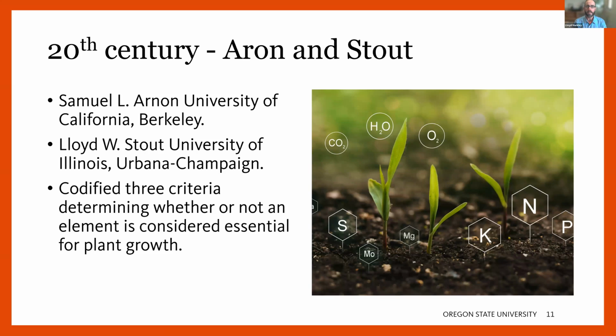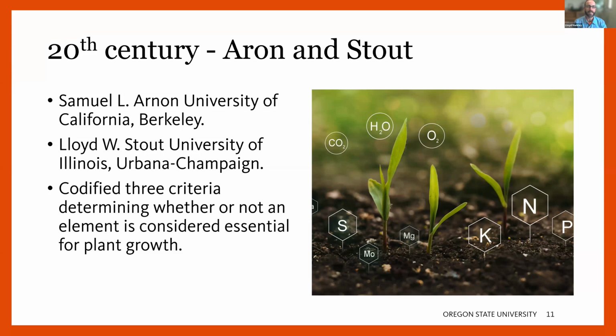Jumping right into the essential and beneficial nutrients. This is a concept, again, 20th century chemistry, quite a bit later than the Haber-Bosch process. So this concept of essentiality was coined and codified really by these two scientists, Samuel Arnon at Cal Berkeley, and then Lloyd Stout, Illinois. And I say that because there aren't too many Lloyds in the wild.